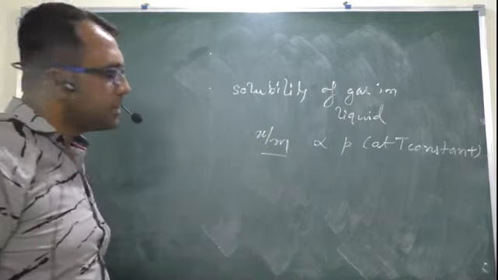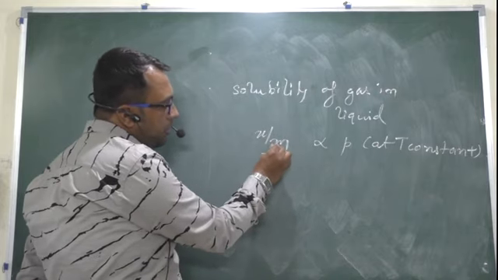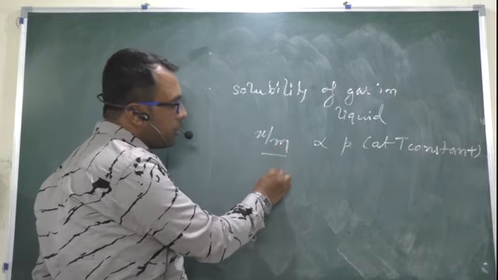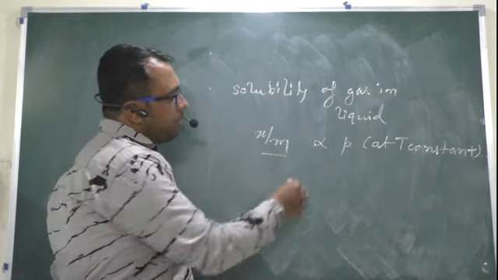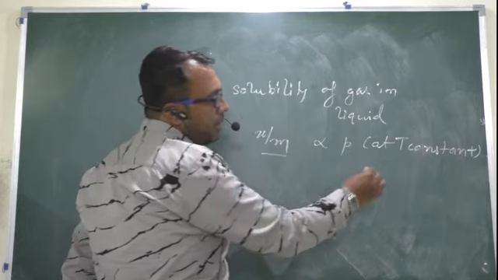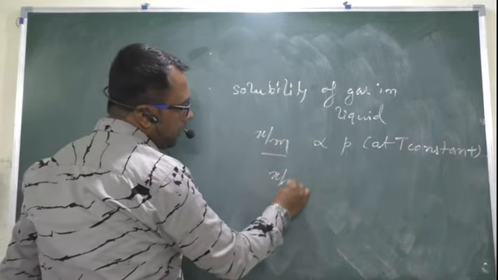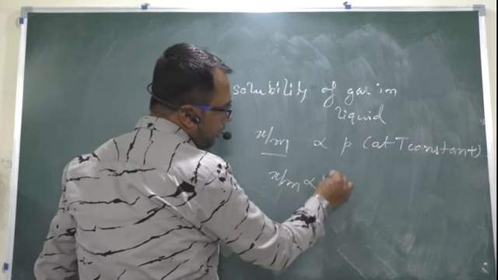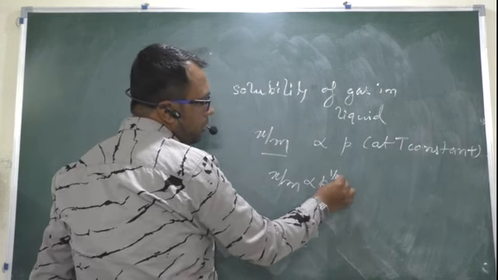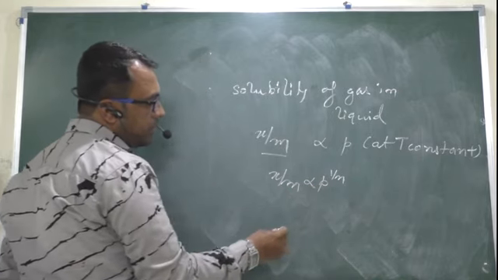So this is the extent of solubility of a particular gas in a given liquid solvent, and the x/m, the extent of solubility of solute, the mass of solute dissolved in the given volume, increases with the increase in pressure, and temperature has to remain constant. Further, we could elaborate this: the number of moles dissolved, x/m, extent of solubility, is directly proportional to the pressure.